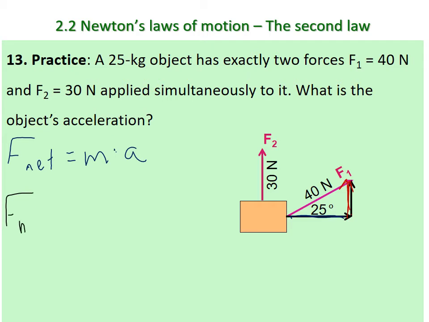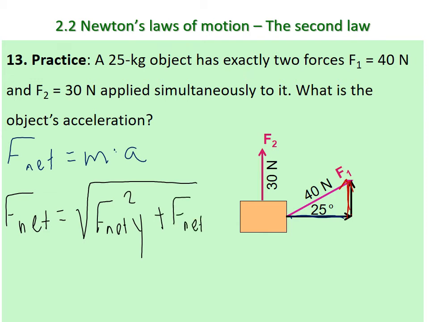In this case, F net equals the square root of my F net y, all of my vertical forces squared, plus F net x squared. So we're going to get the sum of all of the vertical vectors, and we'll get all of the horizontal vectors. We will square them, add them, take the square root, and that'll give me the net force.